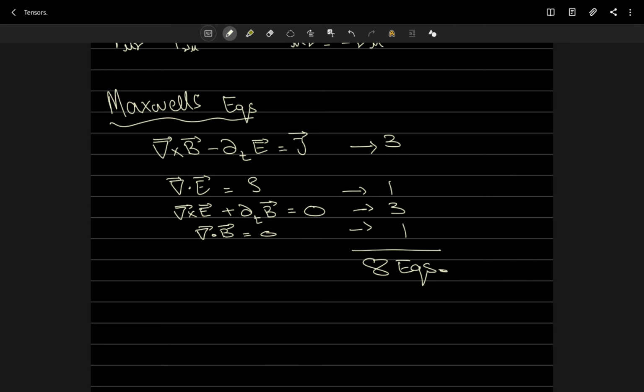Now, while it is obvious that these equations are invariant under rotations, it is definitely not obvious that they are invariant under boosts.